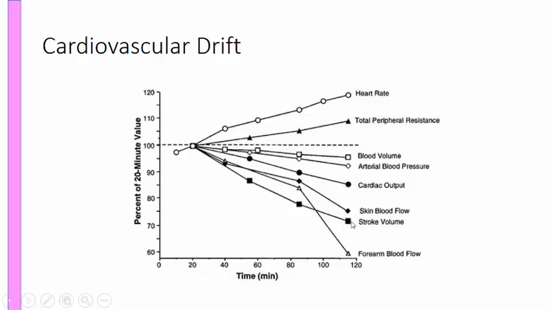If heart rate just stayed the same and stroke volume was decreasing, then cardiac output would decrease much more. It would look more similar to the stroke volume line. However, since heart rate is increasing, it's combating this decrease in stroke volume and helping maintain cardiac output a little more, so it doesn't have as large of a decrease.